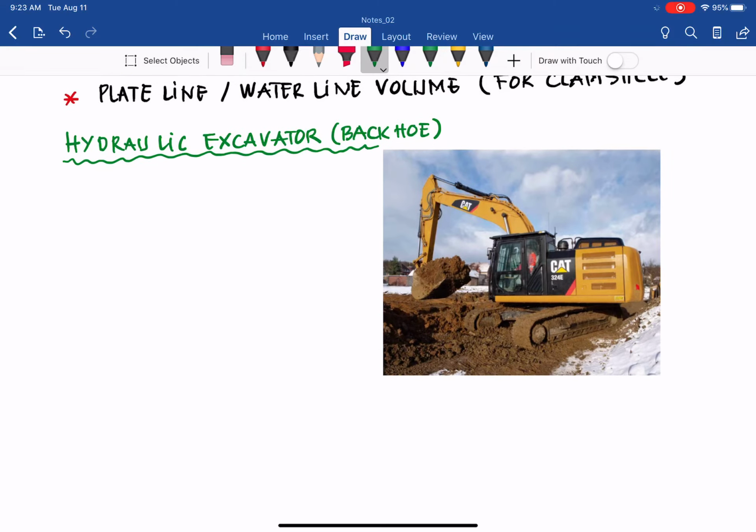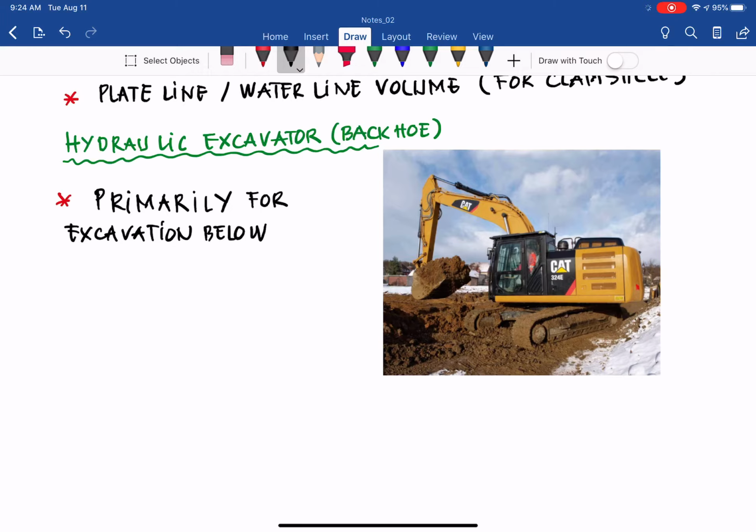So what are the applications for the hydraulic excavator? Let me start here. Normally they are used primarily for excavation below grade, so for pit excavation, etc. Below grade means below where the excavator stands.